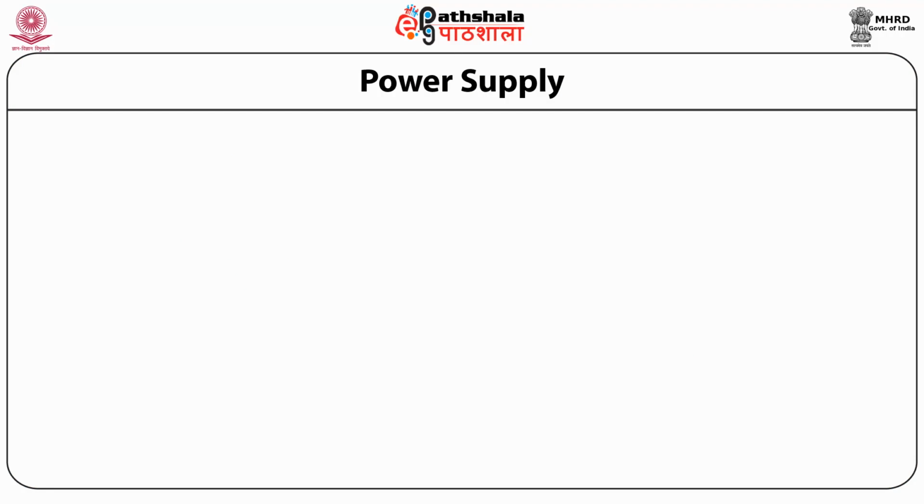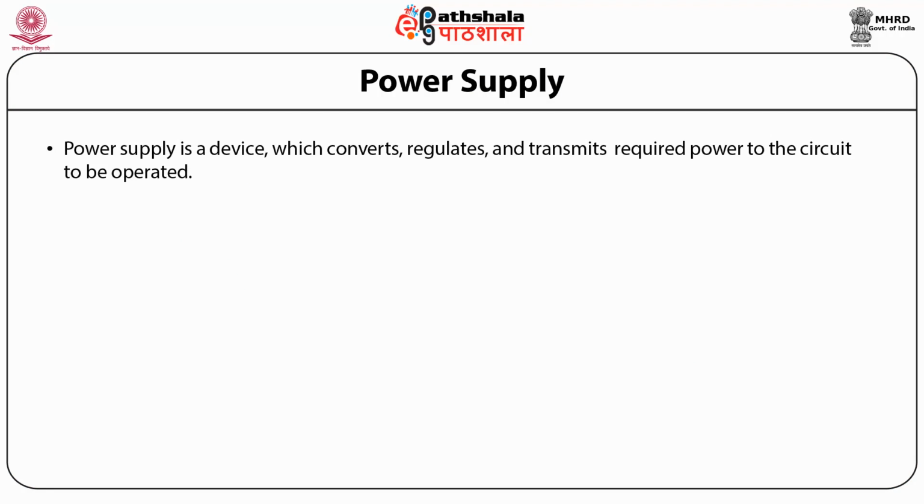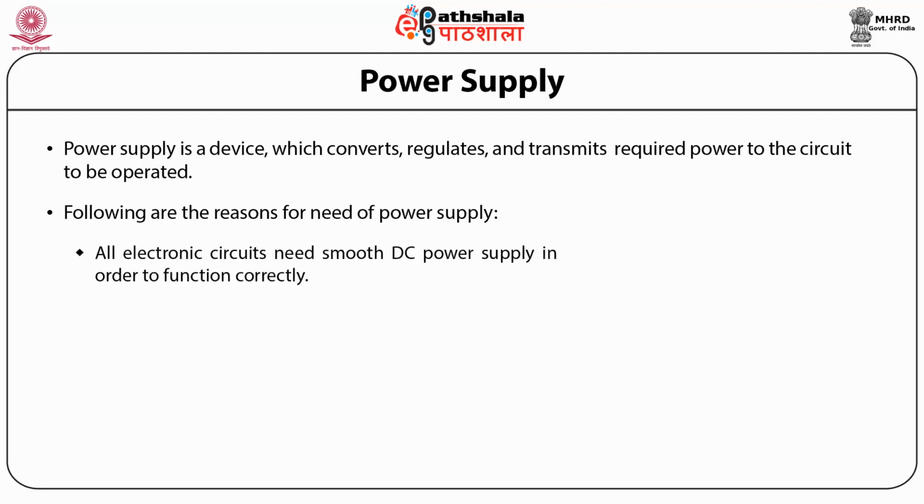Power supply is a device which converts, regulates, and transmits required power to the circuit to be operated. So, following are the reasons for the need of power supply. First, all electronic circuits need smooth DC power supply in order to function correctly.